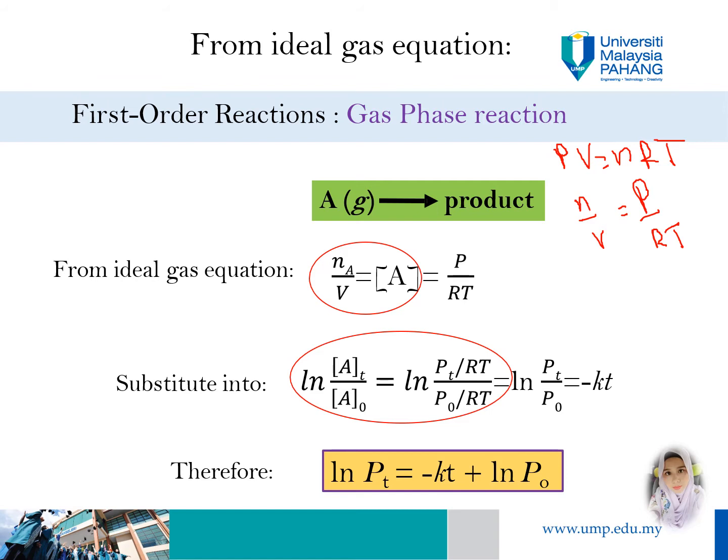Then we replace concentration A, which is equal to n over V, which is equal to P over RT. So we replace it in this equation. Finally you can get this equation, which is ln Pt over P naught equal to negative kt. Then we can rearrange this equation, so we can plot the graph ln Pt versus t.